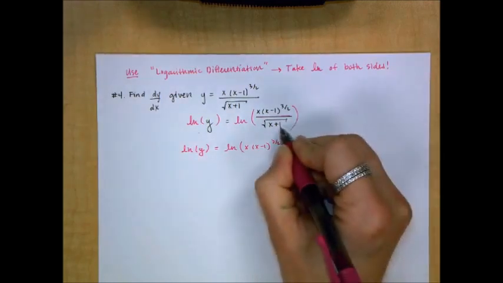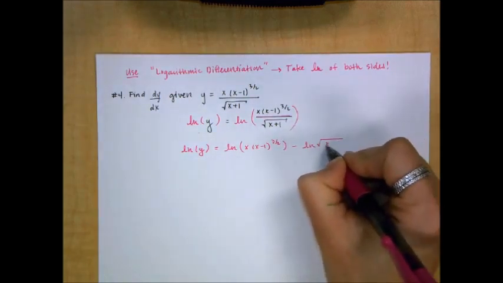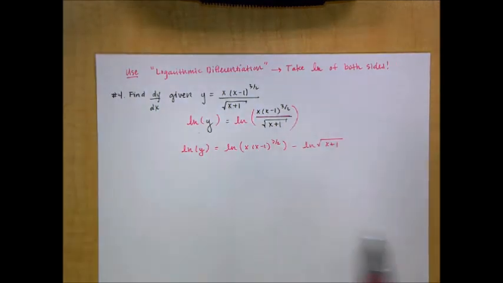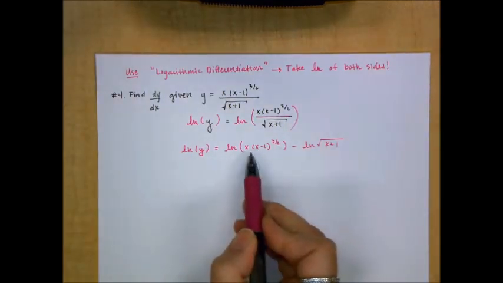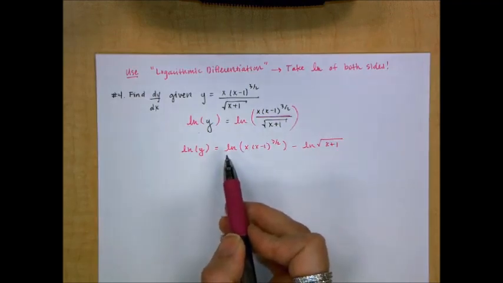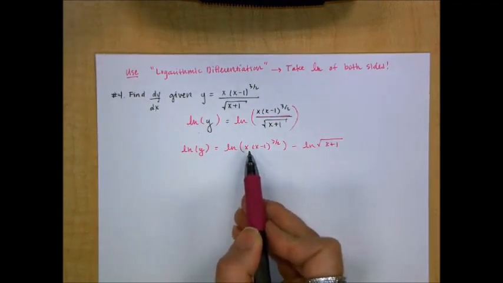Next, we'll take the product inside here and split it up. So, product to sum. This is the property that said natural log of A times B. So x will be my A term, the x minus 1 will be the B term.